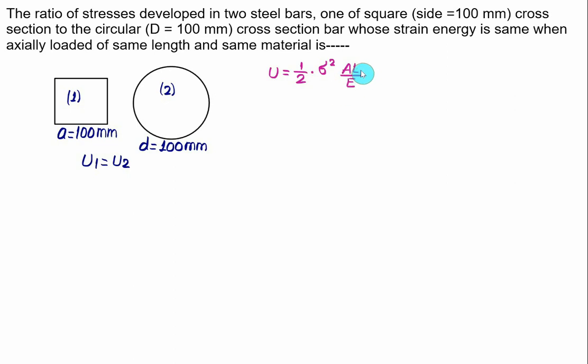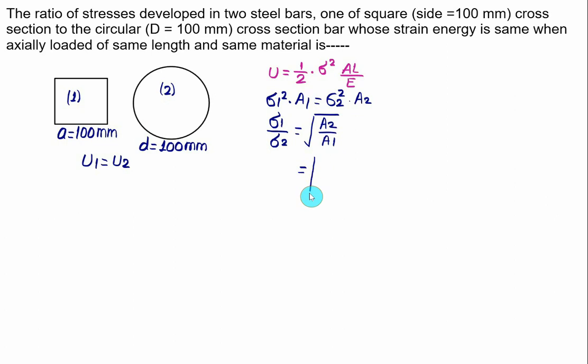We have the same length and same Young's modulus because the metal property is the same. Now since U1 and U2 are the same, we can claim that sigma 1 square multiplied by A1 is equal to sigma 2 square multiplied by A2. So sigma 1 divided by sigma 2 is equal to under root of A2 divided by A1.